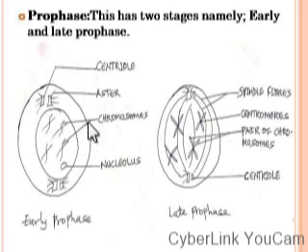The next process is that the nucleolus shrinks. The next process is that each chromosome consists of two sister chromatids attached at the centromere.